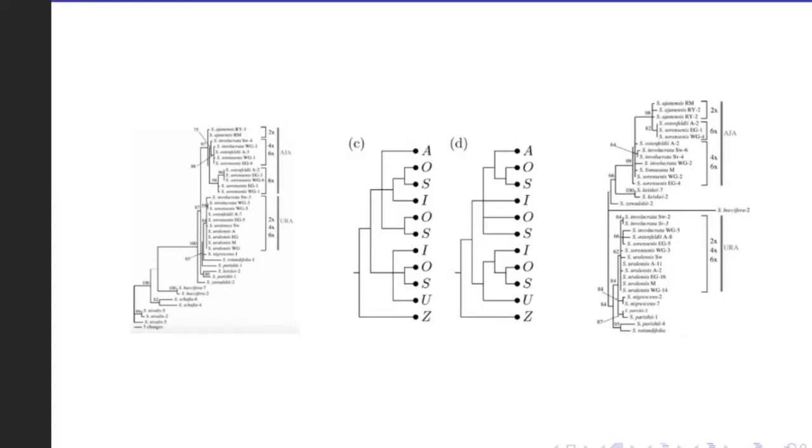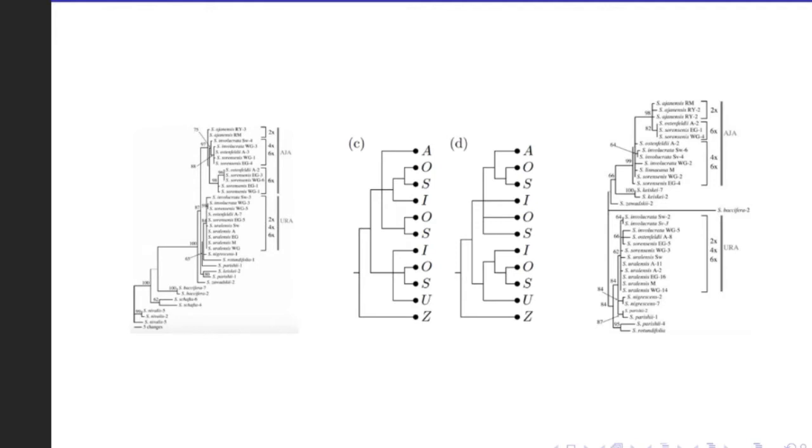Now, in a follow-up paper by Lott et al., together with one of the co-workers of the Pop et al. paper, these gene trees were revisited in a different context. What you see here on my slide is the tree on the left, which was the tree on the left of the previous slide, and the tree on the right, which is the tree on the right of the previous slide.